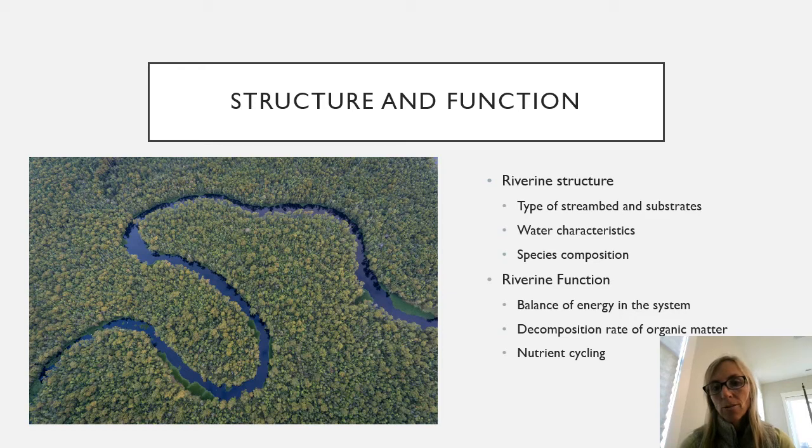When we think about structure and function, riverine structure is often quantified by the type of stream bed, the substrates that comprise that stream bed, some of the water characteristics, quality and hydrology, the species composition found there, where the river function is often the balance of energy in that system, things like the decomposition rate of organic matter and nutrient cycling.